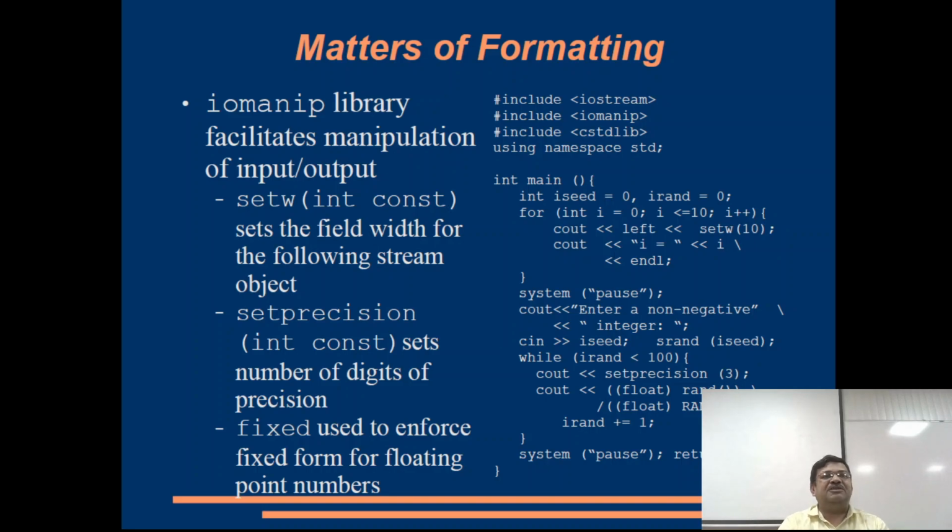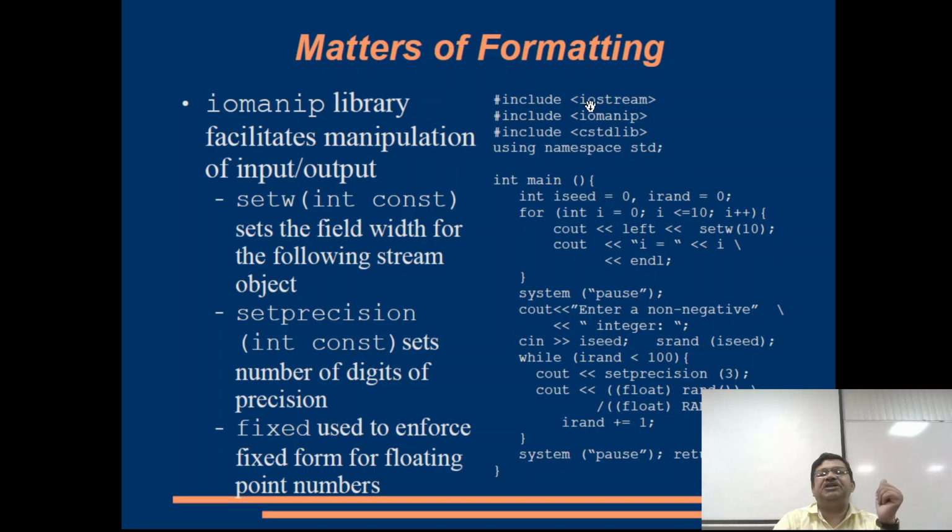But if you wish to specify that this is how it has to be treated or displayed, then there is a set of specifications for that, and that is contained in the iomanip header library, right? That library is accessible by using the iomanip header file.